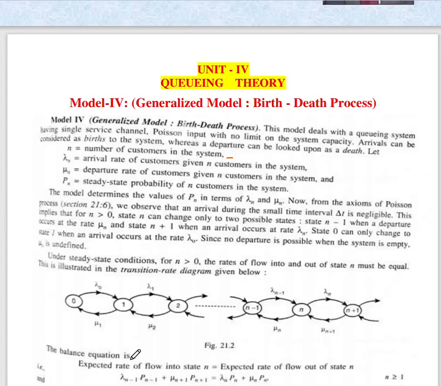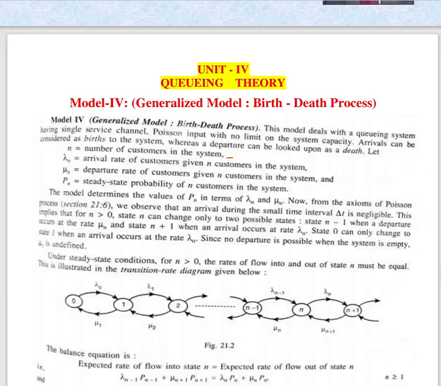By using the axioms of the Poisson process or distribution, we observe that the arrival during the small time interval delta is negligible. This implies that for n greater than 0, state n can be changed only to two possible states: state n minus 1, when a departure occurs at the rate mu n, and state n plus 1, when an arrival occurs at the rate lambda n.